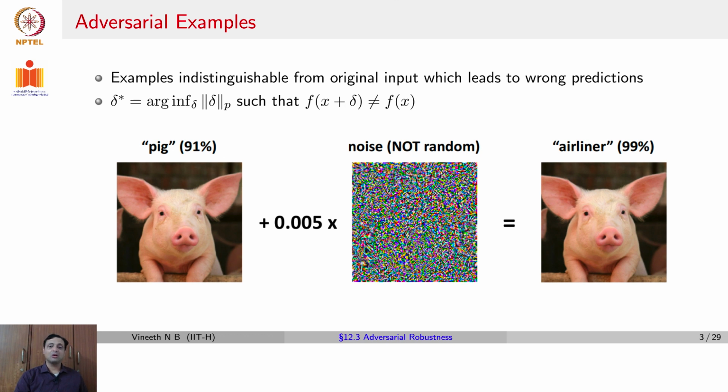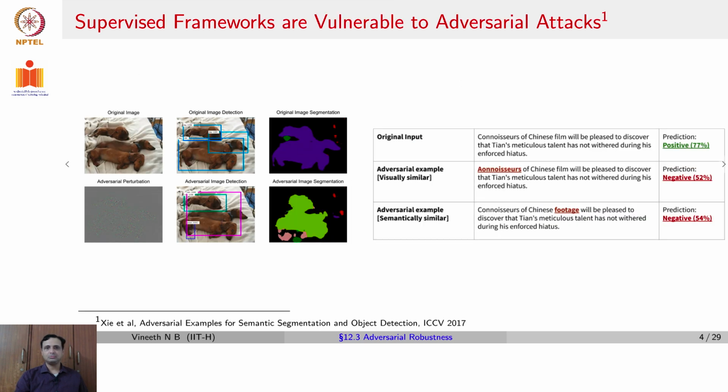Unfortunately, it's still not well known, but this question has led to a body of work over the last few years on what are known as adversarial attacks, which try to hack the model and disturb the model, and adversarial defenses, which try to protect the model against adversarial attacks. Let's see both these kinds over the rest of this lecture.